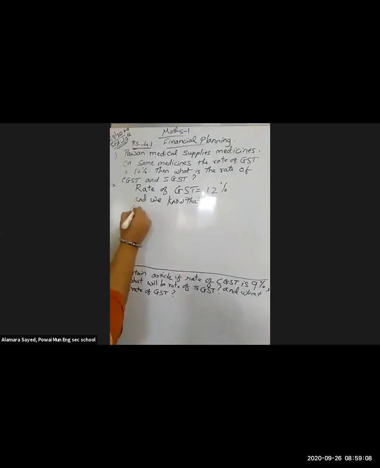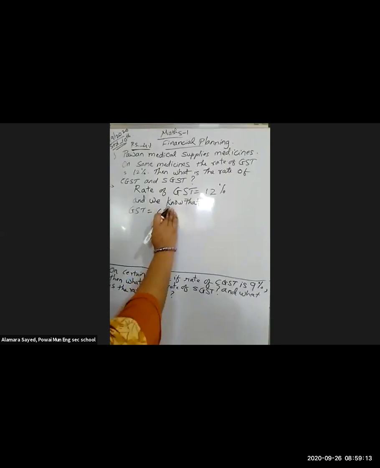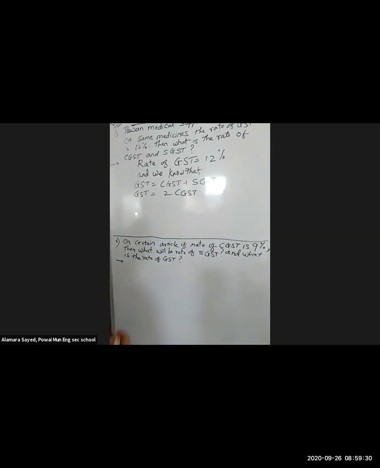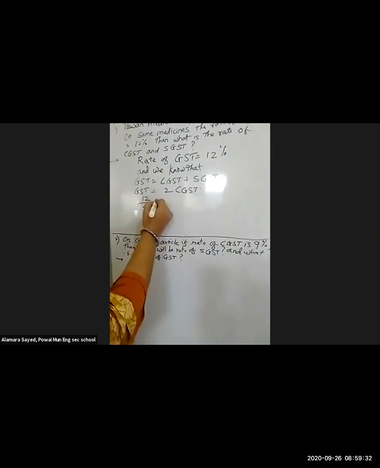We know that GST is equal to CGST plus SGST. So we can say that GST is twice CGST, and 12 upon 2 is equal to CGST.